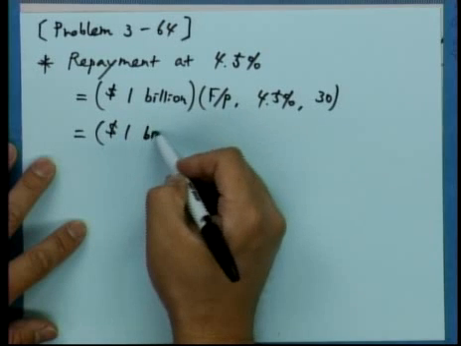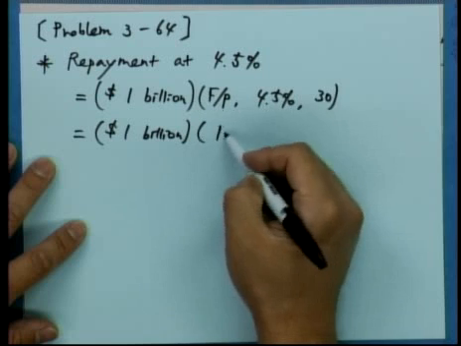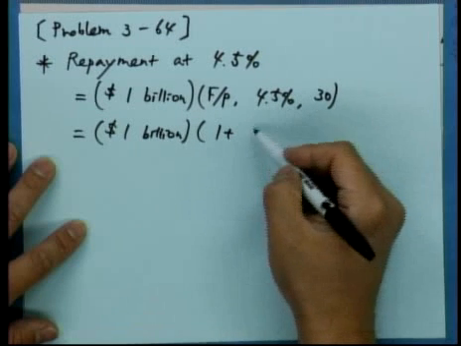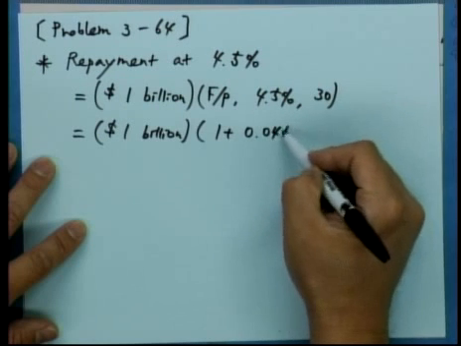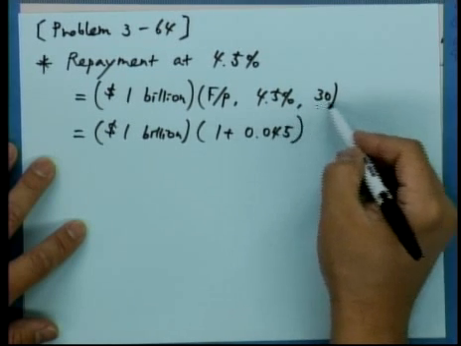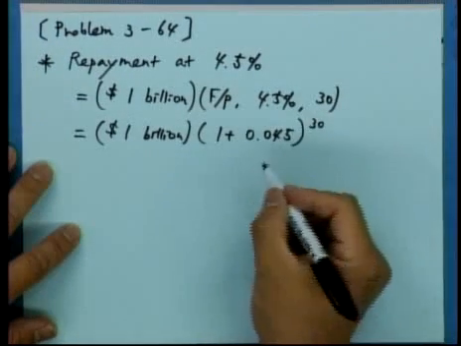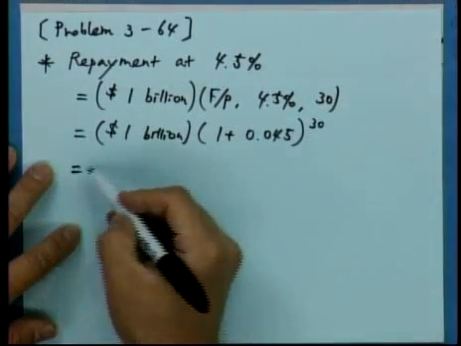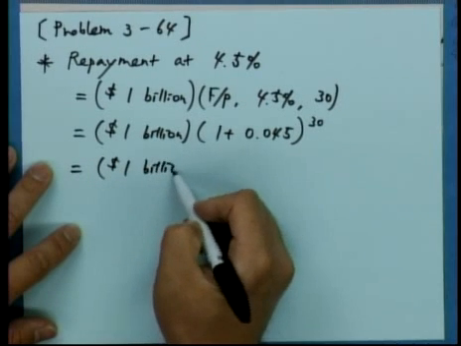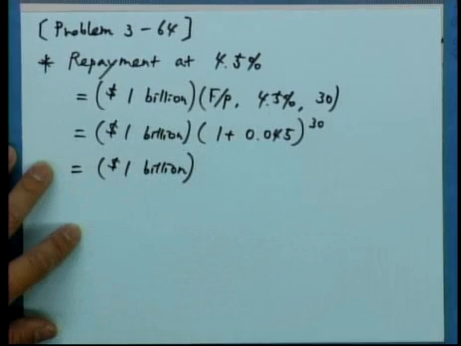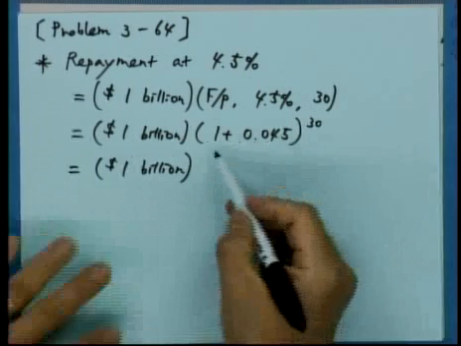Or another expression is 1.045 to the power 30, and it's going to be times $1 billion. And let's compute this value.